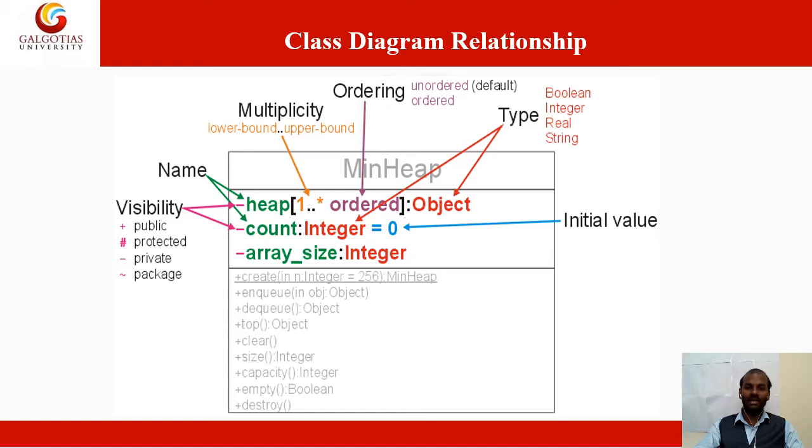So that is indicated by the blue color as an initial value, and you have one and star. This is one to many, that we also discussed in the multiplicity concept: one to one, one to many, many to many, all these. So the multiplicity concept is used to communicate between all these things, right? So this is the whole class diagram for a single minimum heap.